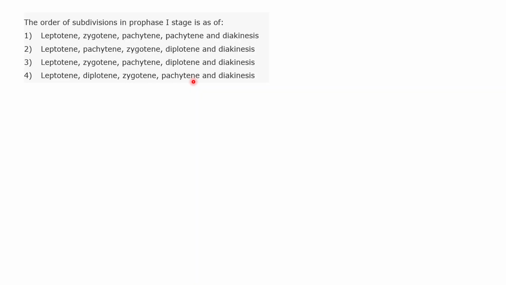In case of prophase 1, which is the correct order that is followed? Anyone?